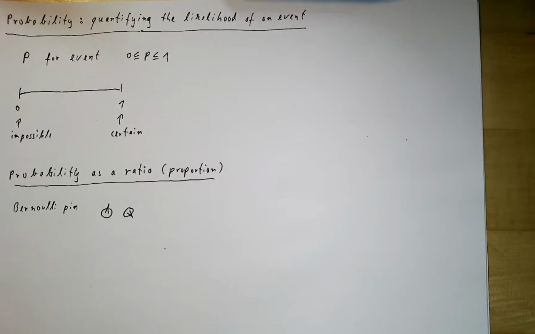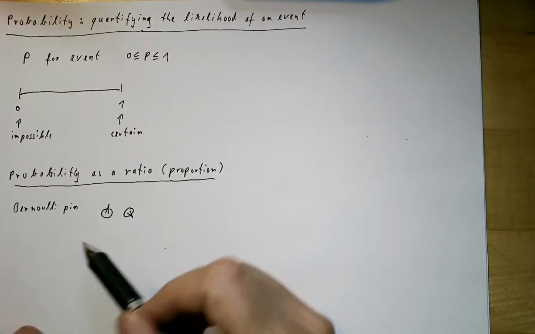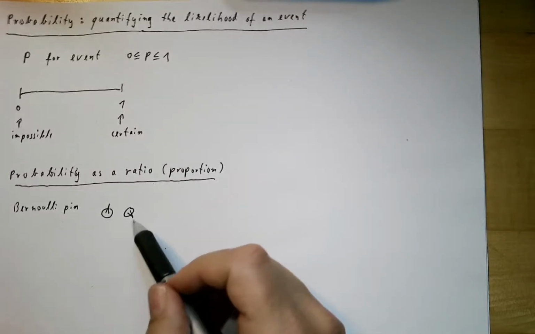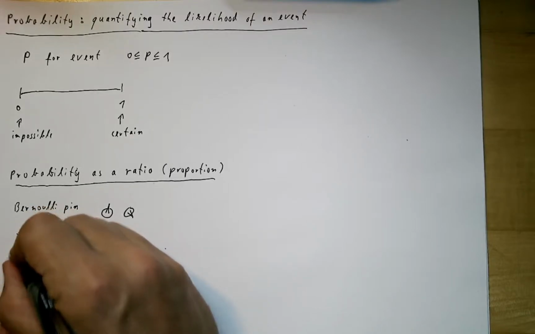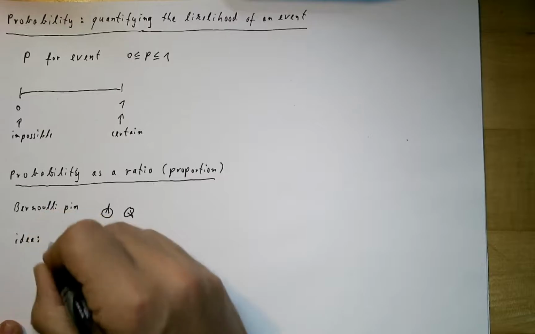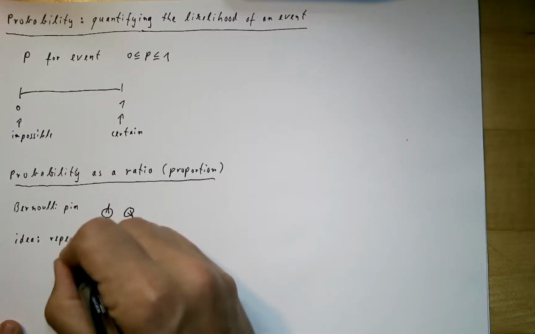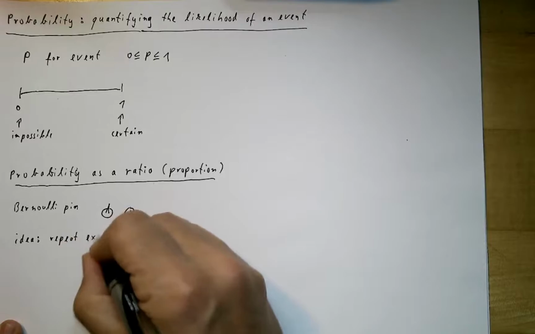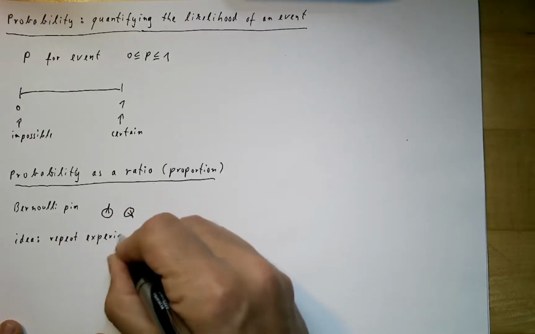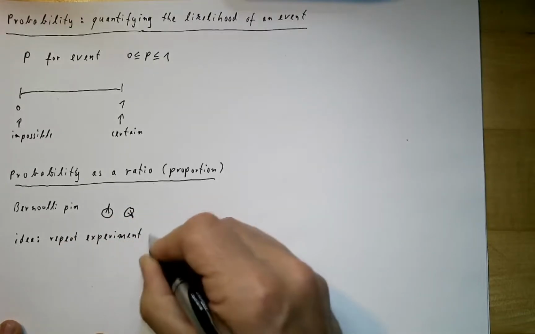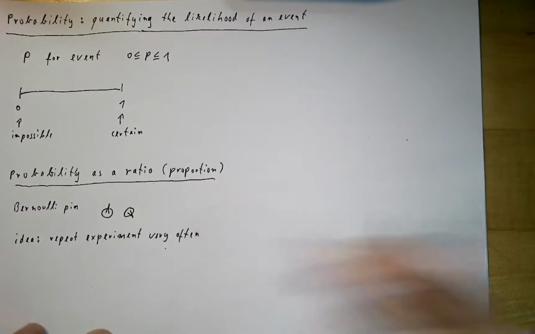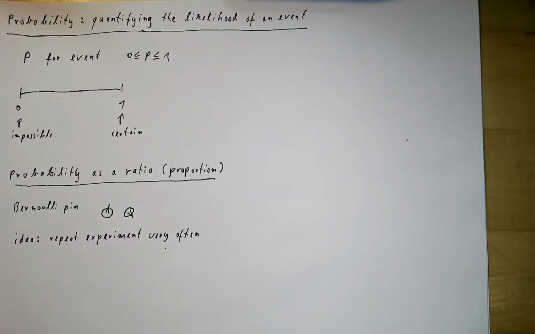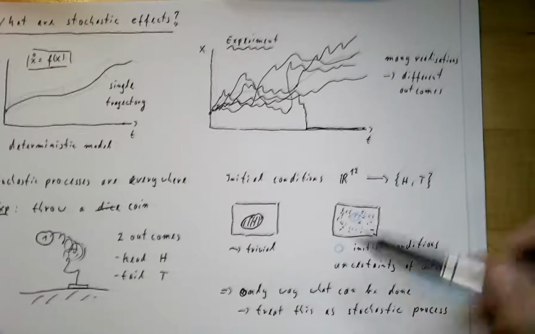So what can we do? The main idea to determine the probability of the outcomes is to repeat the experiment very often. And this comes from what we have seen here.